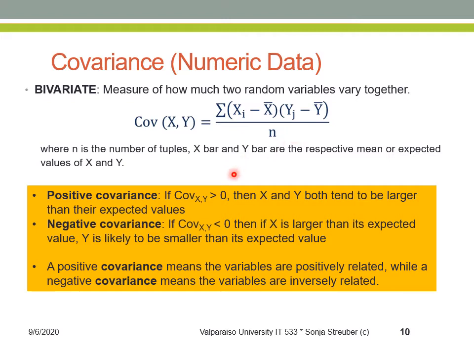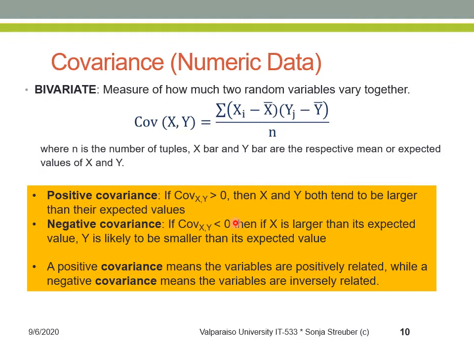Now, a positive covariance means if our covariance is greater than 0, then x and y tend to be larger than their expected values, and our two attributes grow together.